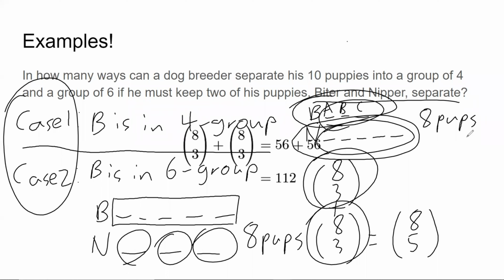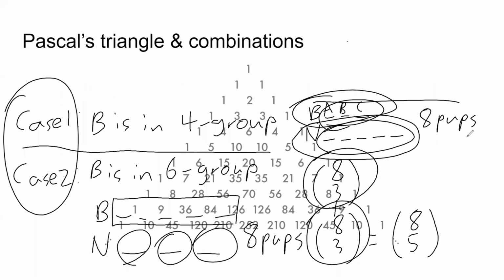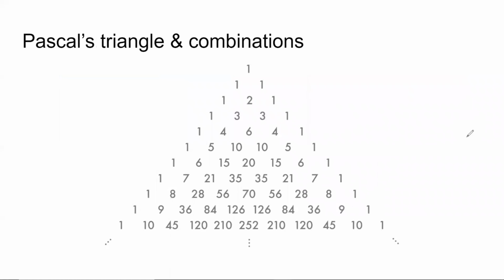Okay, so next problem. Today we're mainly going to be going over Pascal's triangle. Some of you probably don't know what Pascal's triangle is. Pascal's the name of a mathematician who lived a long time ago.